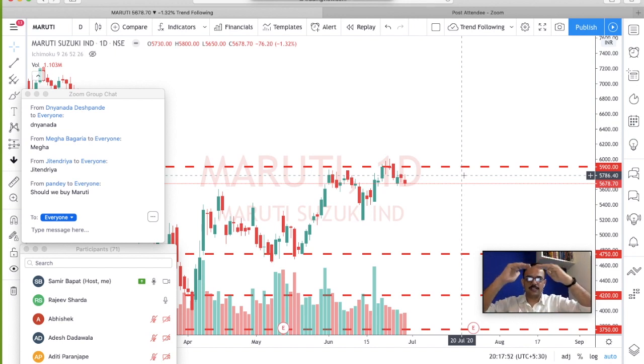Start from a resistance, because as you go to the past, you will find supports. Start with the current one where it is facing resistance, go a little bit into the past, find where it found a support, and go further back. You can either go from today till 5 years backwards, or start from 5 years and come to today. Whichever way you feel comfortable.